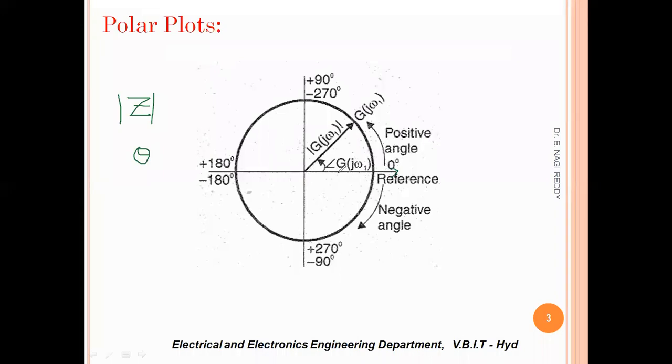So this angle is called the phase angle representation. Okay, so the radius is the magnitude, and the angle of this magnitude making with the 0 degrees line is the phase angle. So this is how we can represent the polar form in the polar graph sheets.